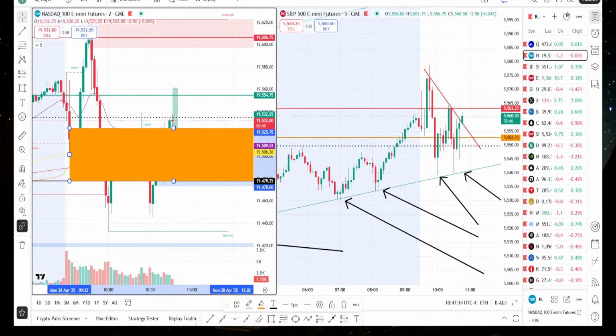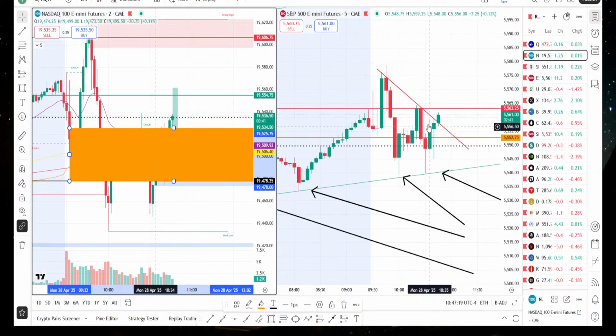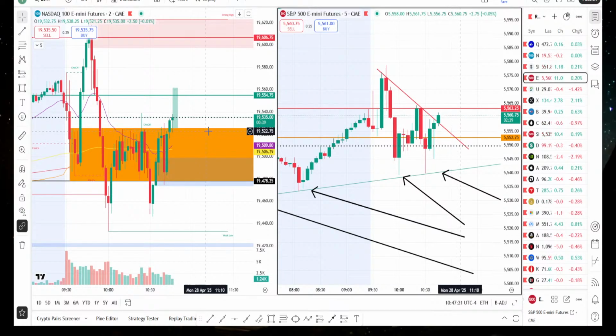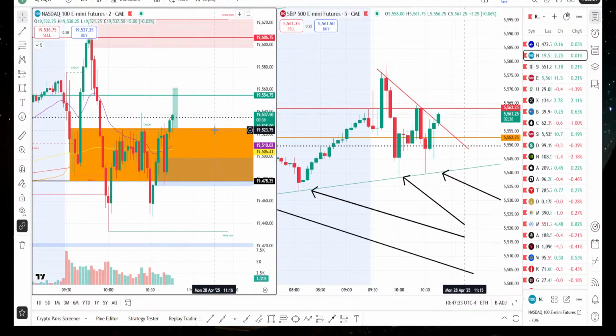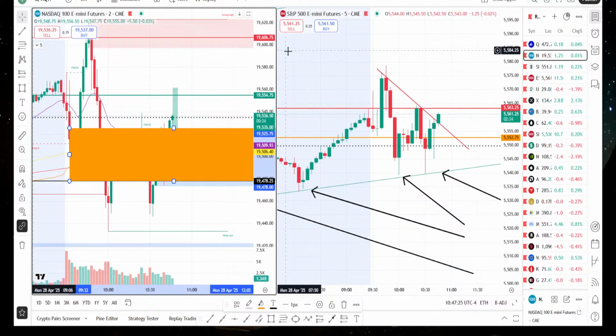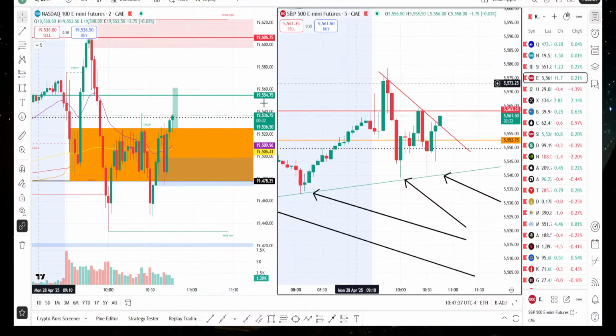ES is breaking out. It's going to drag the NQ with it. NQ, you're screwed. ES wants to go up.